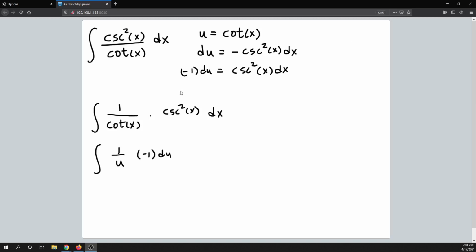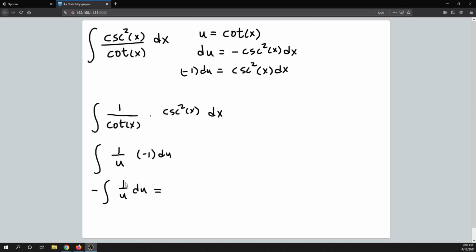All right, and so now I have switched every single occurrence of x over to some expression involving u using these equations here. And so now you can see this is a much simpler integral, and it's going to turn out to be one of the basic facts. First off, I have a constant in here, and using the constant multiple rule, I can rewrite that same constant, -1, which I'm just going to write as a minus when I pull it out, times the integral of 1 over u du.